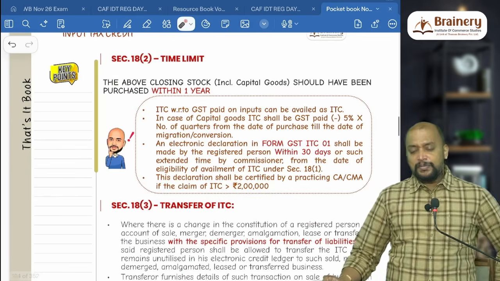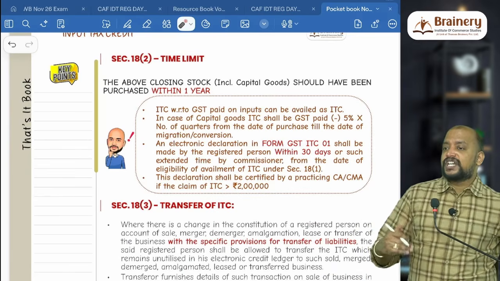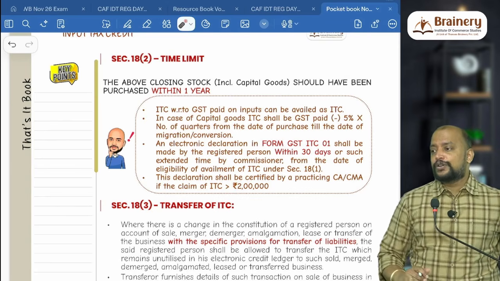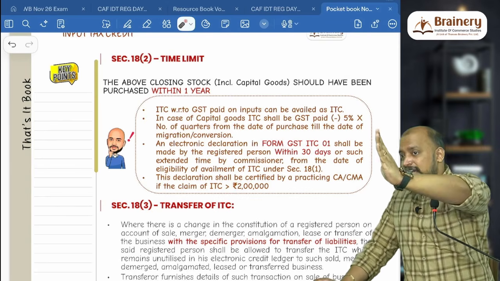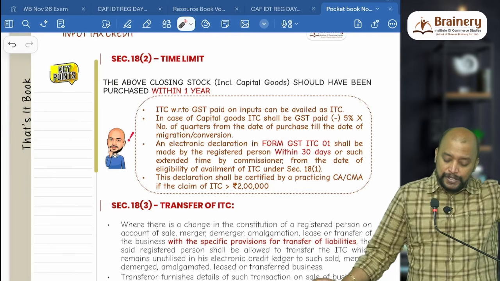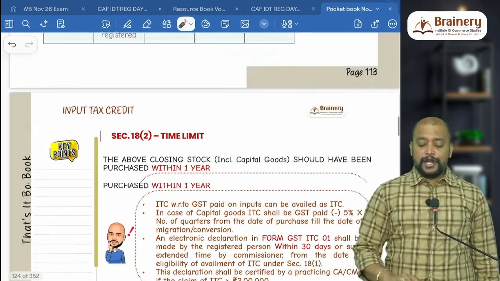And the time limit for availment is that the closing stock should have been purchased within 1 year prior to the closing stock date, which means from the invoice date of the inputs and capital goods till the date of closing stock, it should be less than or equal to 1 year. And ITC with respect to GST paid on inputs can be availed.